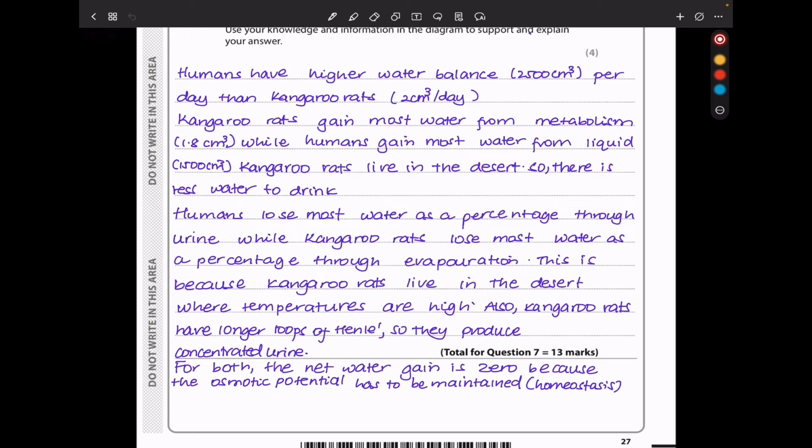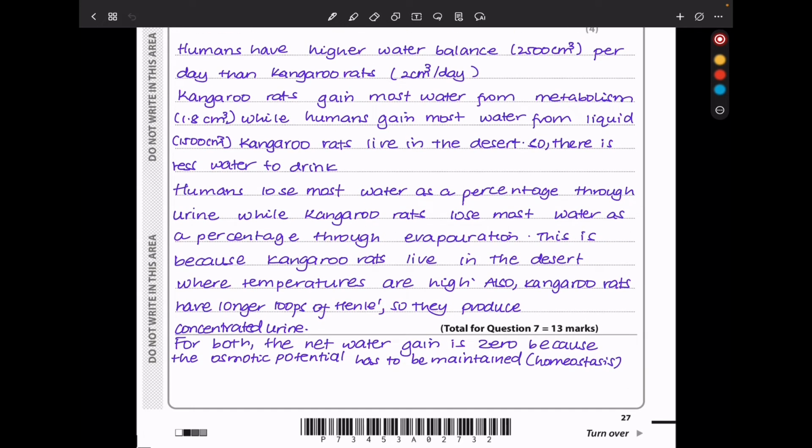The humans lose most water as a percentage through urine, while kangaroo rats lose most water as a percentage through evaporation. And this is because kangaroo rats live in the desert where temperatures are high. Also, kangaroo rats have longer loops of Henle, so they produce concentrated urine. For both, the net water gain is 0 because the osmotic potential has to be maintained, meaning homeostasis has to be carried out.